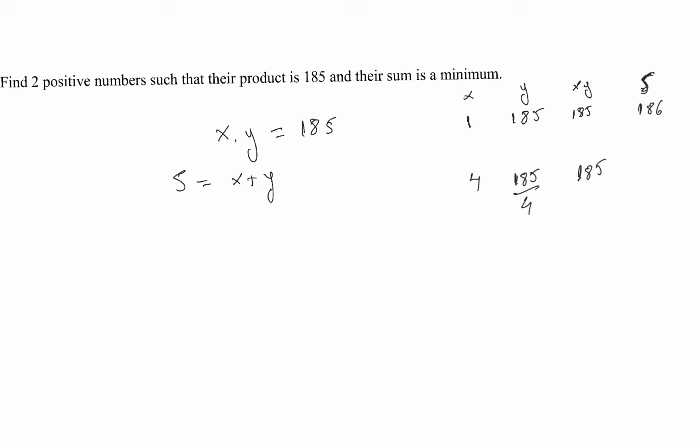It's around 46. So 4 plus 46, the sum is around 50. This is the sum for these two numbers.